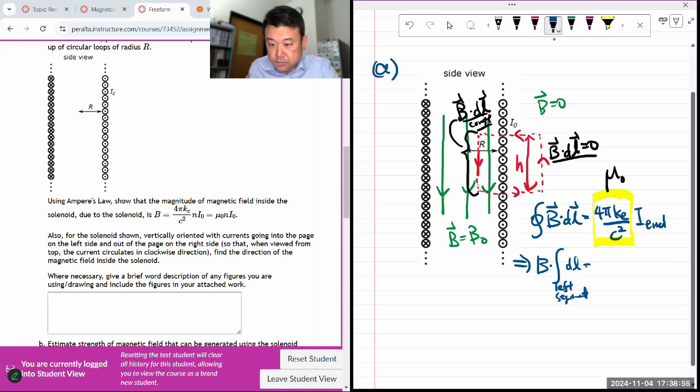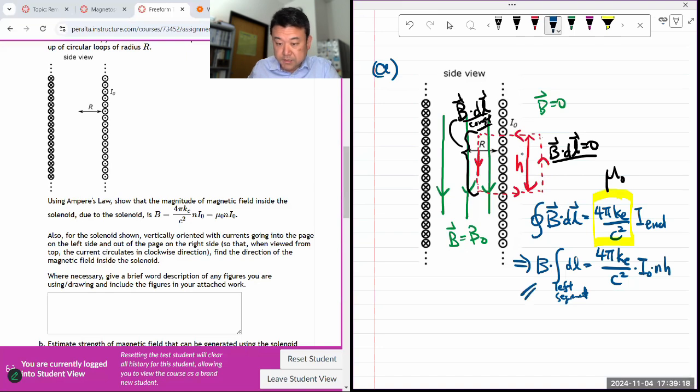That is equal to 4 pi, the constant you are using, times the current enclosed, and that's what you need to figure out. You are given the current density small n, so it's the current in a single wire times however many wires you have. So it's going to be I naught times n h.